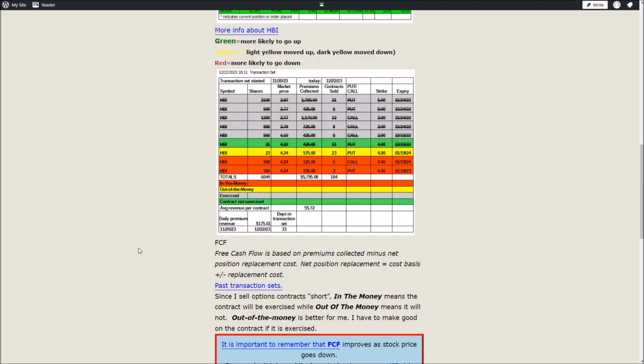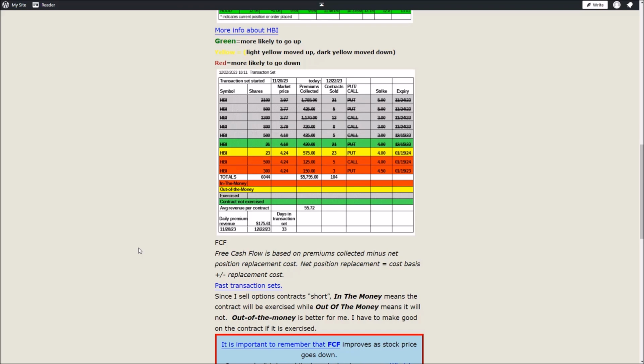In a really, really good year, and I've had some good years, I've had as much as 30% free cash flow. This market has gone through some pretty hefty movements.